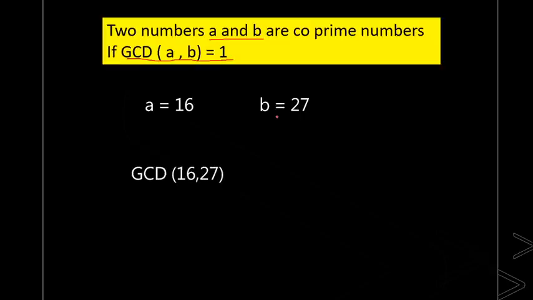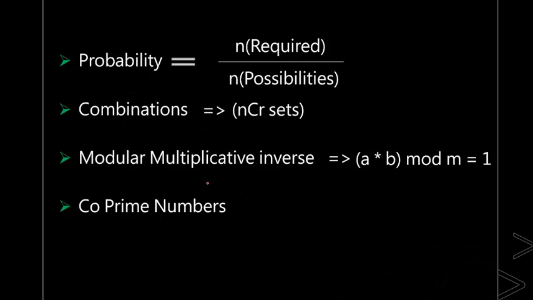It will be equal to 1. Since the GCD is equal to 1, these two numbers, 16 and 27, are co-primes. So co-primes means the GCD of the two numbers will be equal to 1. I hope I made it clear up to this point.